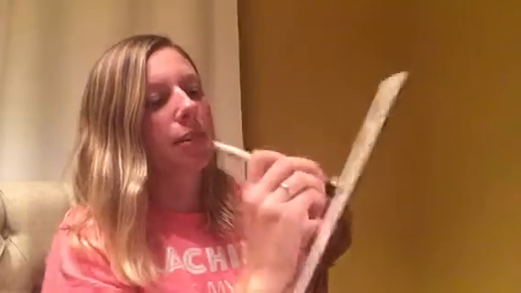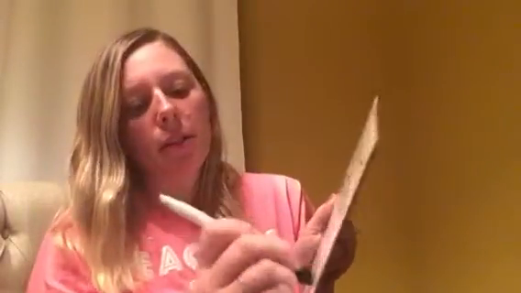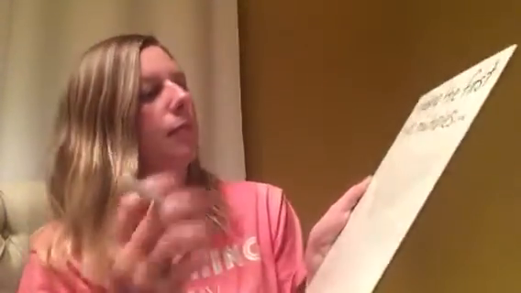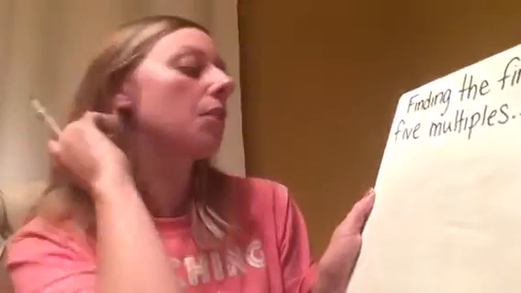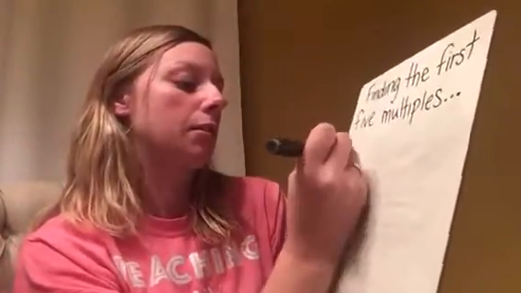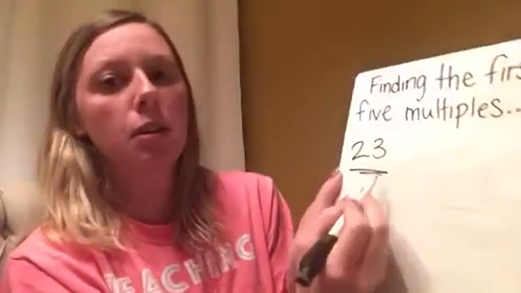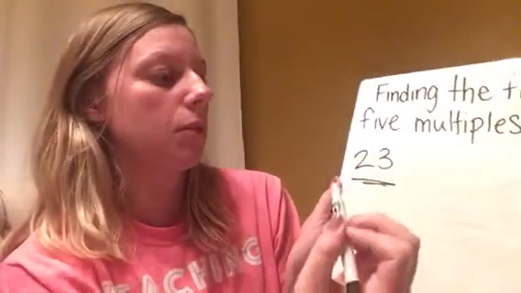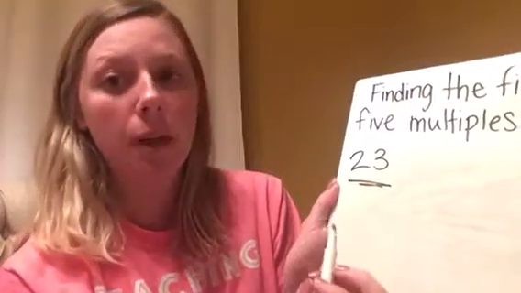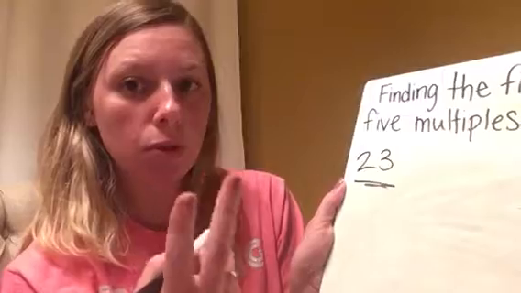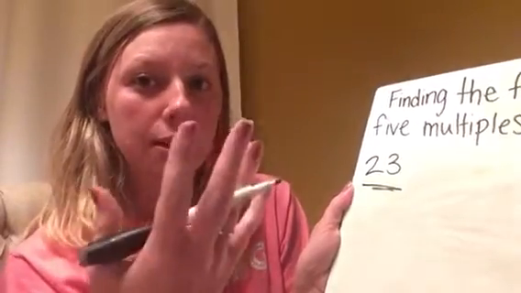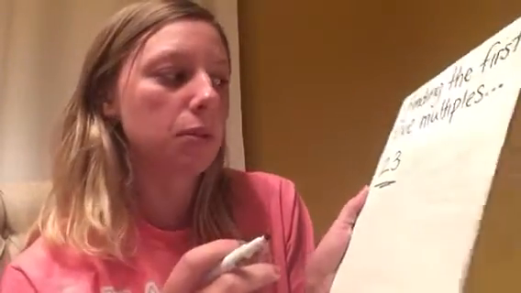All right, so if I told you to find the first 5 multiples of 23, that's our number, okay, you are going to have to multiply 23 by 2, 3, 4, 5, and 6 to find the first 5 multiples of 23.